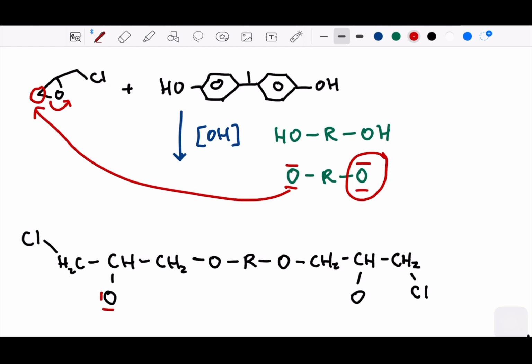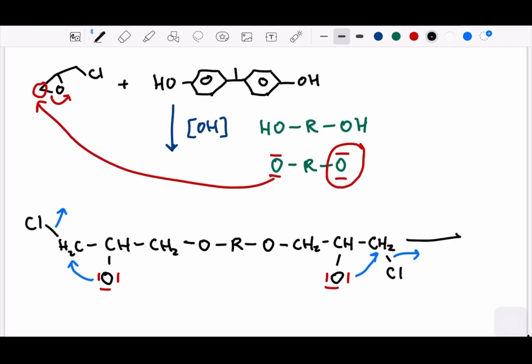And then again, this oxygen has this electron, and both sides will stabilize themselves. It also stabilizes itself, which means that this chlorine bond will also break, and then we see that this chlorine will get into the natrium, the sodium that is in the first phase, on the hydroxide.